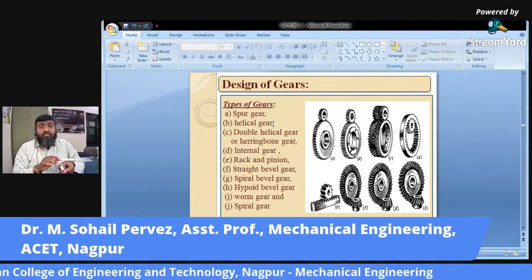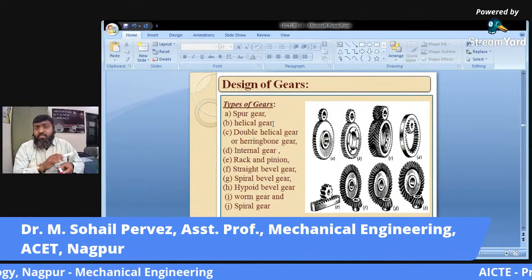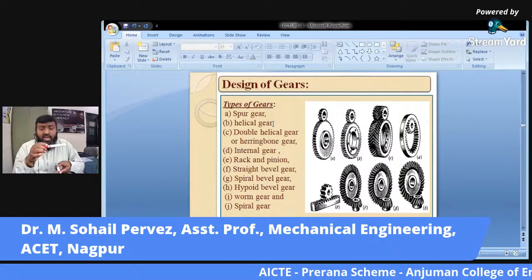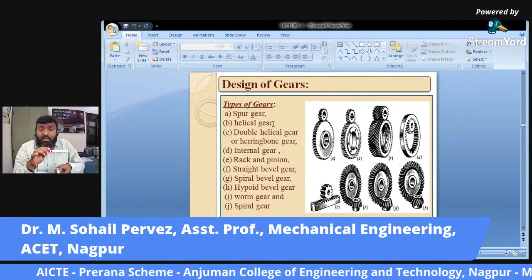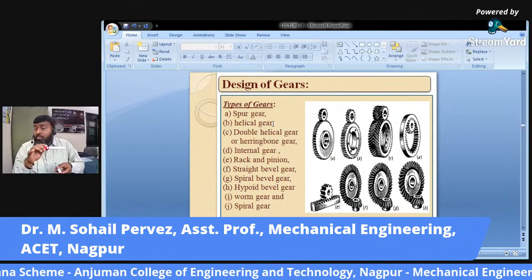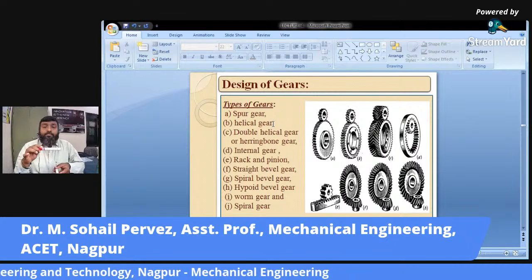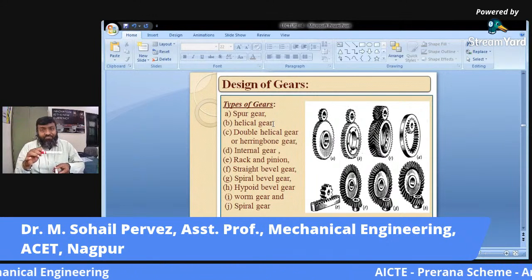Now the fourth criterion is worm and worm gear, wherein the axes of the driver and the driven shaft will be perpendicular but should not be intersecting at all. And that's why the worm gear comes into the picture.